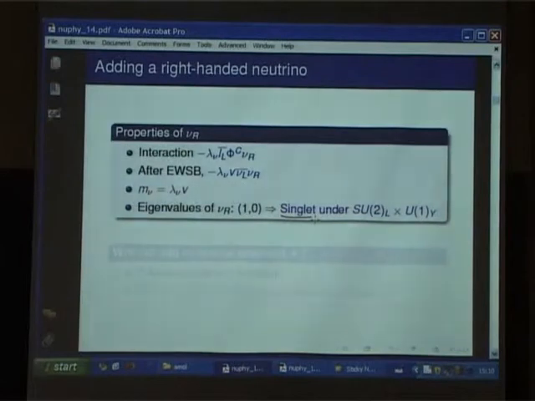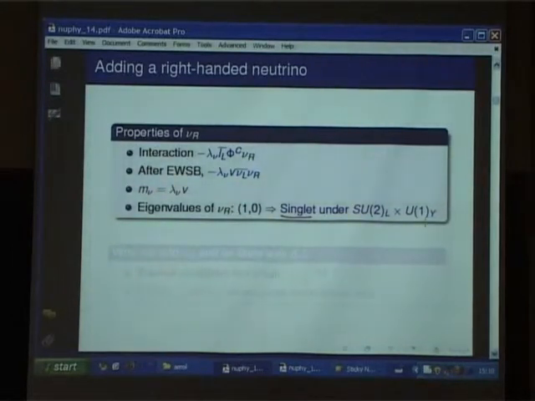Singlet also means that it doesn't interact with W, doesn't interact with Z, doesn't interact with photon. Singlet under U1 means no interactions with D. Singlet under SU2L means no interactions with W1, W2, W3. So W3 and D give you A and Z. But anyway, it has no interactions with any of them.